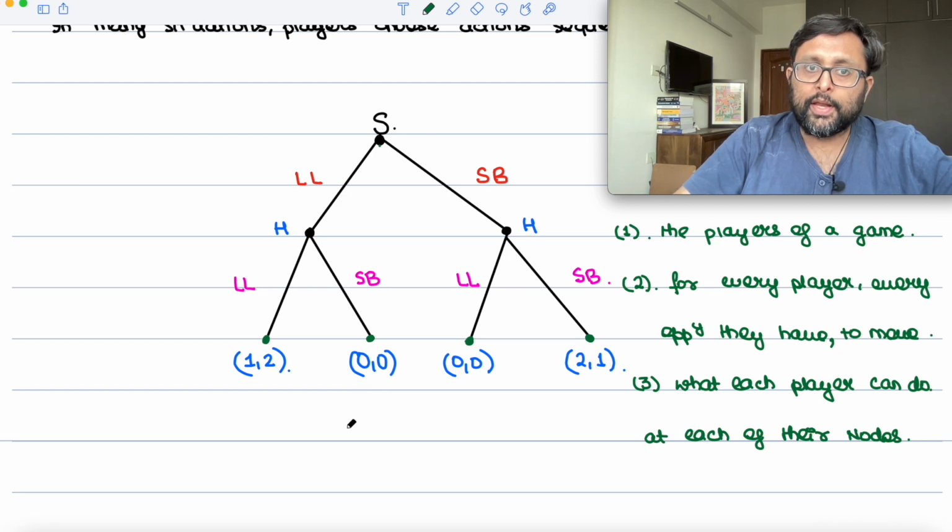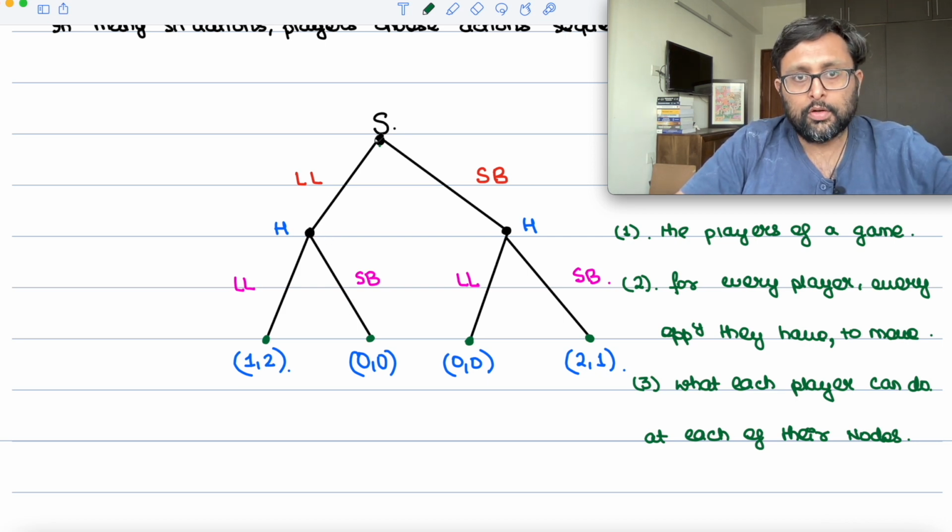What each player knows at each node. For example, H knows here that she has moved to local latte. H knows here that she has moved to Starbucks.